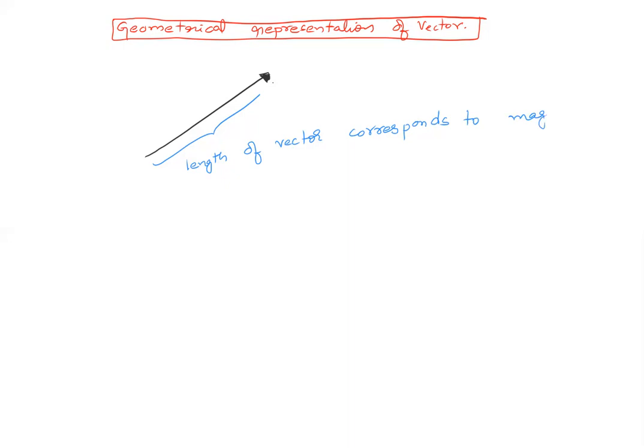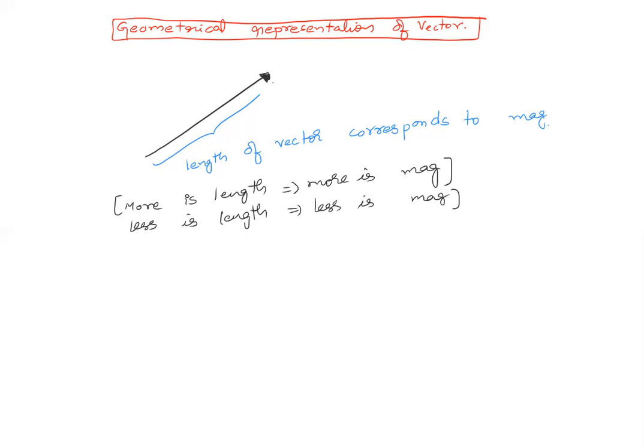What it means is, more length means more magnitude, and less length means less magnitude. So magnitude is nothing but the number associated with the vector. I will talk about it later, don't worry. I'm slowly entering into the part. First we are representing the vector, then we will come to the magnitude part as well.